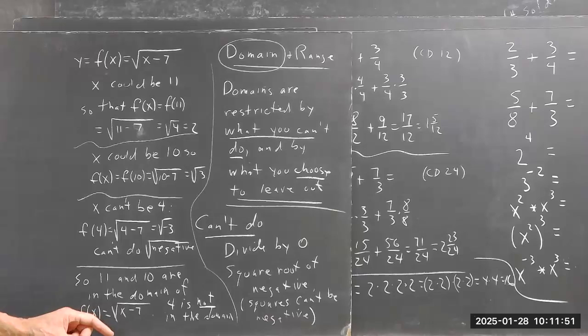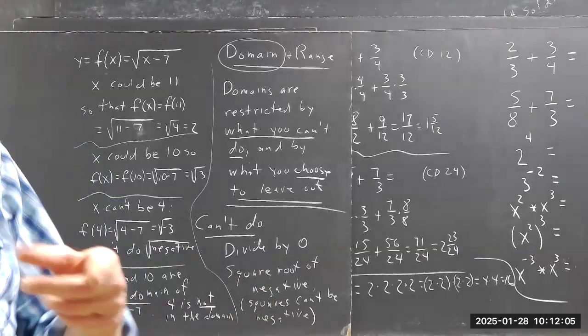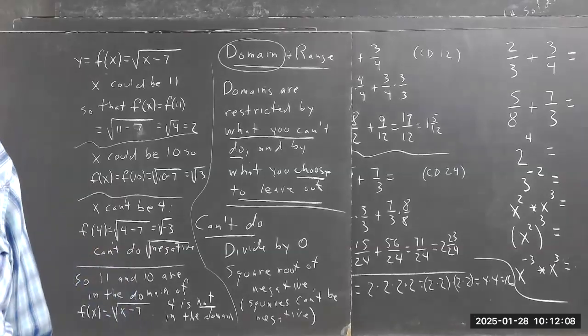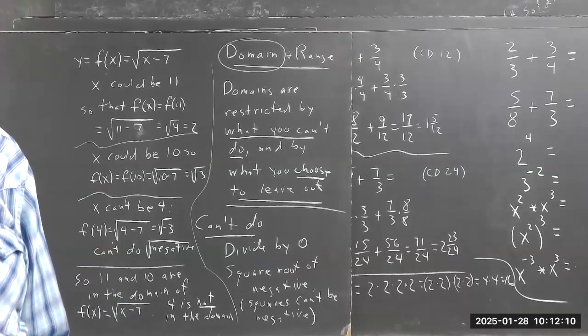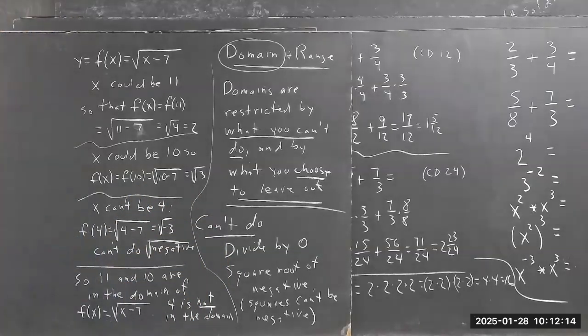Okay. Now, what's the restriction? What's the smallest number that will be in the domain? Both saying 9, okay? 9 is in the domain.